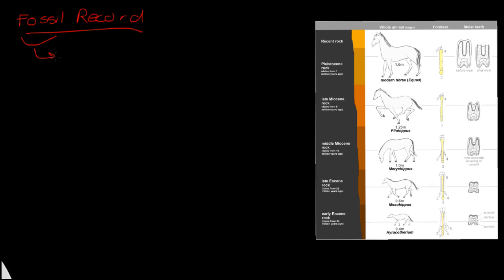Fossils are imprints or remains of organisms. And these can be found in the strata. It's a sequence in which fossils appear in the layers of sedimentary rocks.